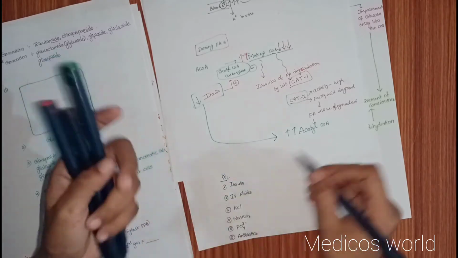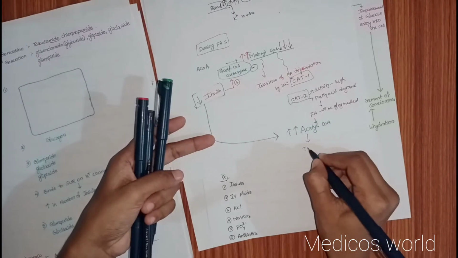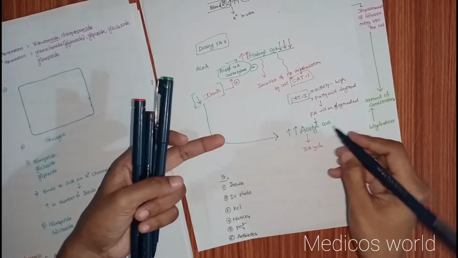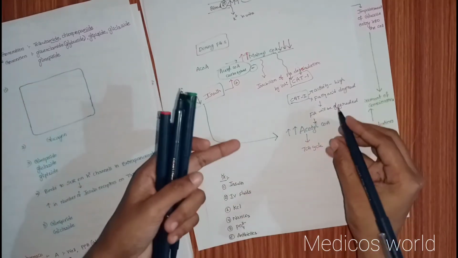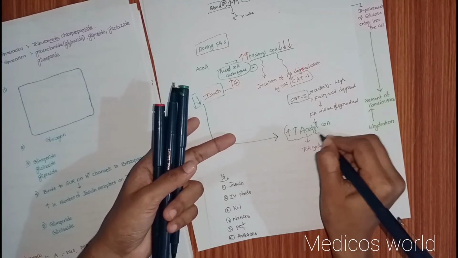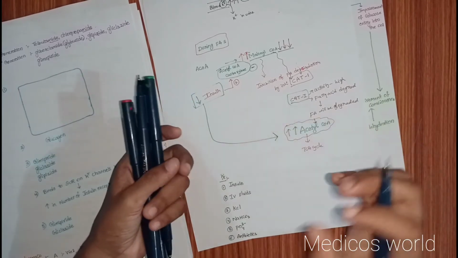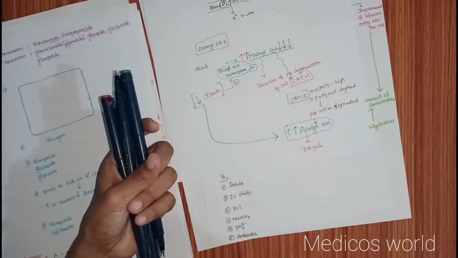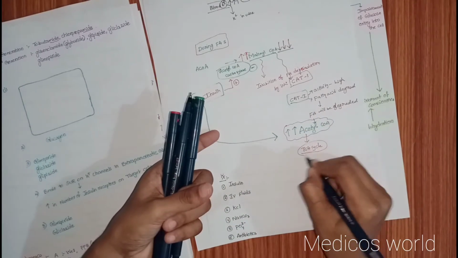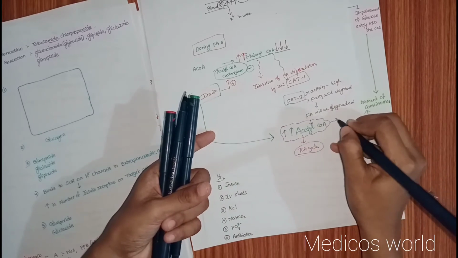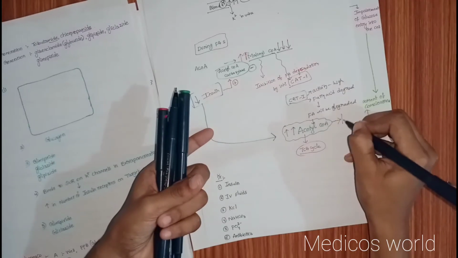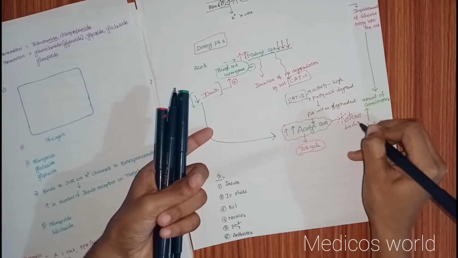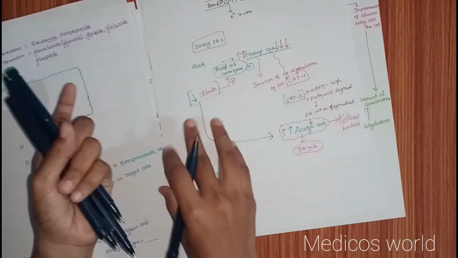This acetyl-CoA enters into the TCA cycle. Normally the acetyl-CoA levels are so high that they exceed the capacity of the TCA cycle, so acetyl-CoA is converted into ketone bodies, and there will be ketosis.